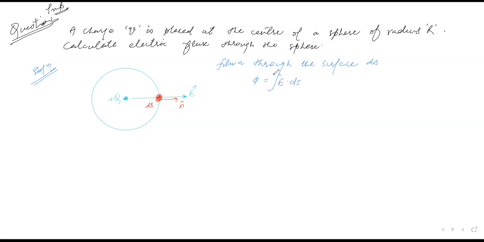Are you clear? And what is the angle between them? For the angle you can take cos of 0 degrees. Finally, you get phi is equal to the integration of E ds.